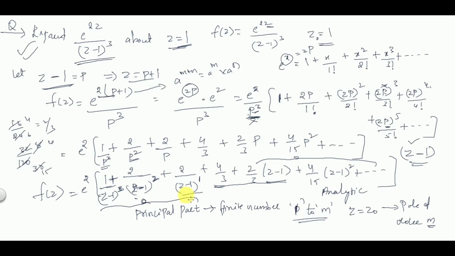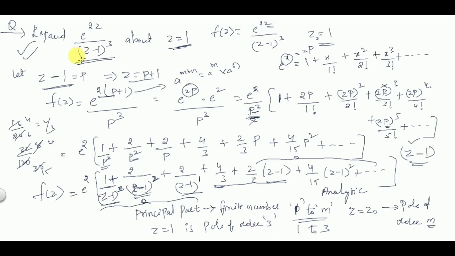So now we have negative powers of finite value. The total number of negative powers is only finite, that is from 1 to 3. Yes or no? So we only have the powers from 1 to 3. That is why z is equal to 1 is said to be a pole of order 3.